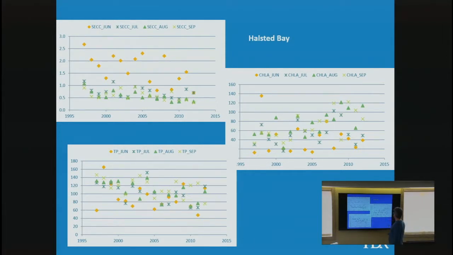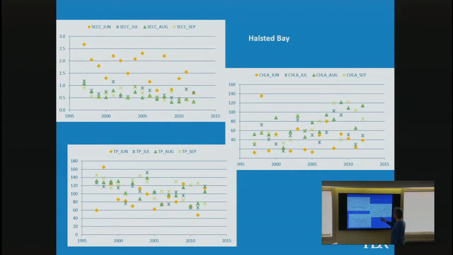Chlorophyll, that's another thing. Again, I'm just throwing this up there. I haven't done any real analysis on it. I'm just kind of picking it off here. But you're seeing low chlorophyll, for the most part, these yellow diamonds in June, which kind of corresponds with the high transparency. And then as the chlorophyll goes up, the transparency goes down.